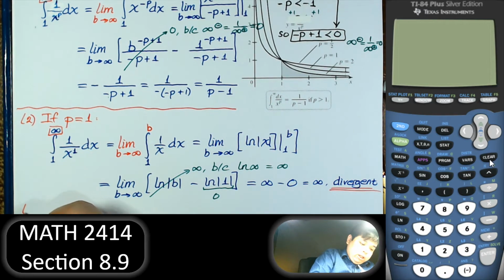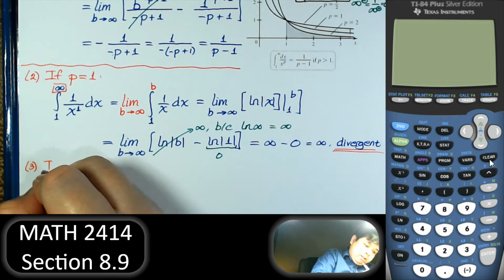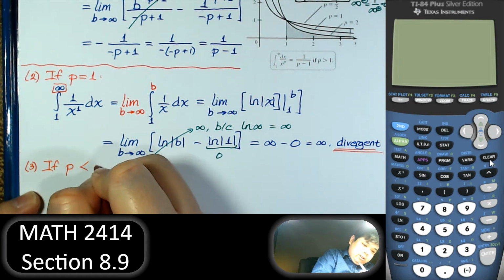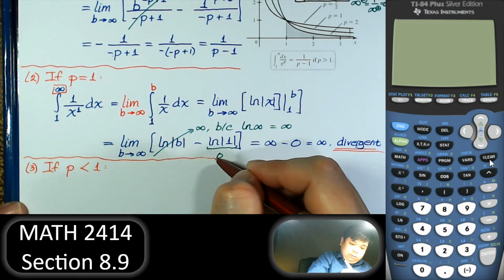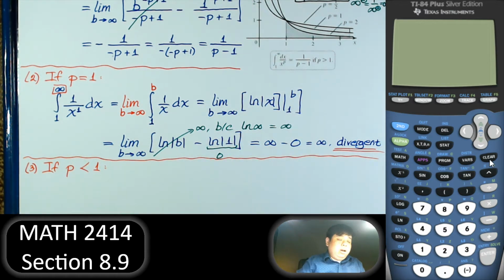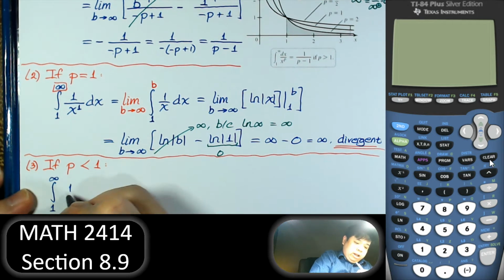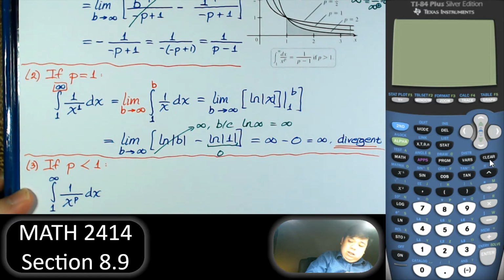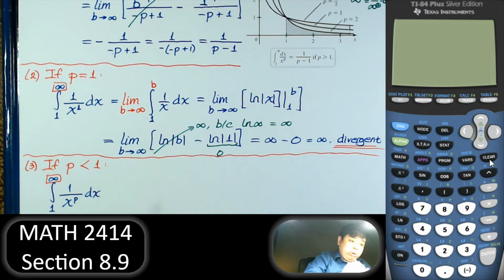Case number 3, if p is less than 1. If p is less than 1, we have the integral from 1 to infinity of 1 over x to the p dx. Let's change the limit because it is the first thing we do.